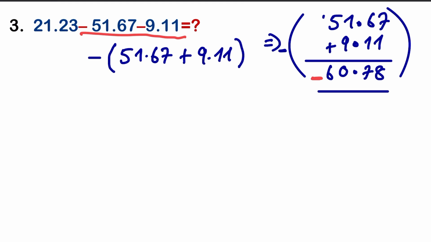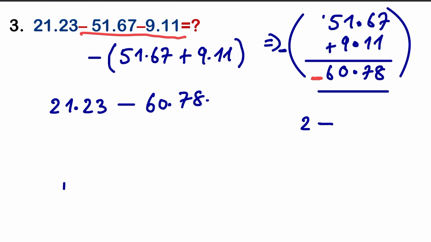Okay, so let's continue. All of these gave us minus 60.78. So we'll be left with 21.23 minus 60.78. We still apply integers: if I have 2 minus 8, 2 minus 8 is minus 6.